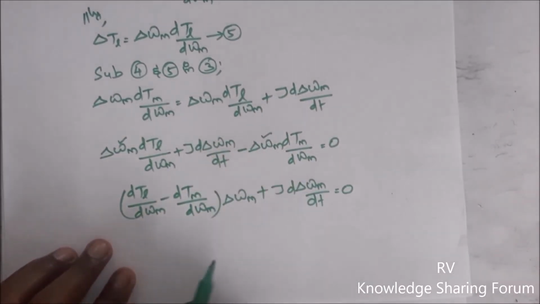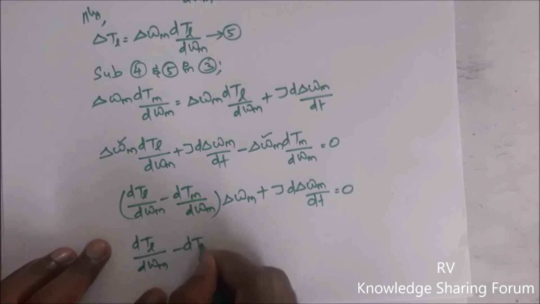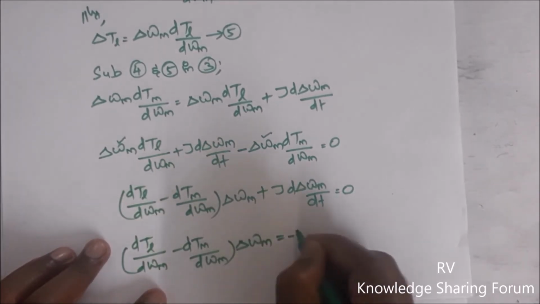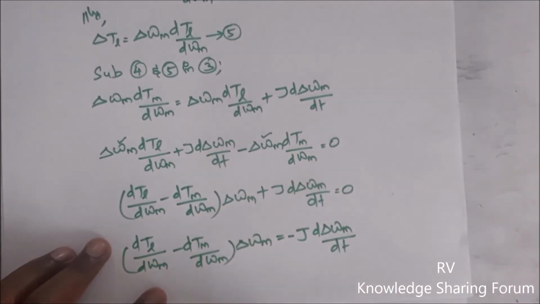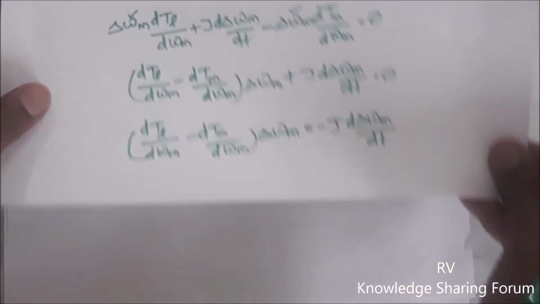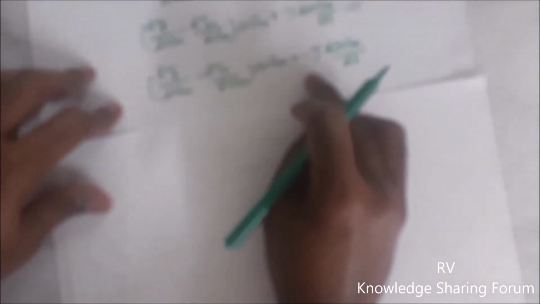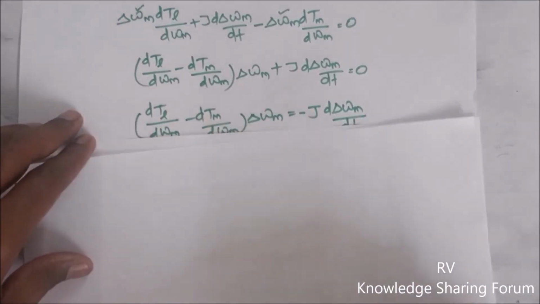Now again let us rearrange this equation by shifting this term to the right hand side. Therefore, dTL by d omega m minus dTm by d omega m into delta omega m is equal to minus J d delta omega m by dt. Now again we are going to rearrange this equation by bringing the minus J term to the left hand side.